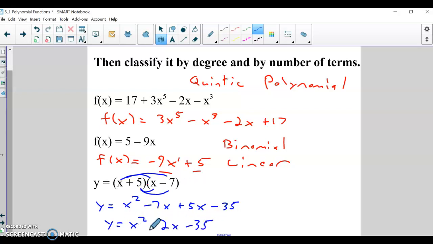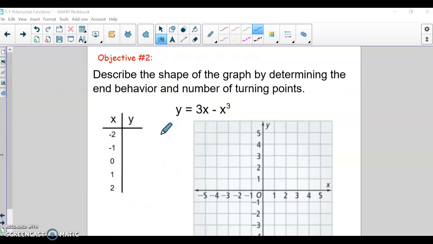Okay, and now that we've multiplied it out, now we can identify it. So now it is a quadratic, because its highest power is 2, which we studied last chapter. And it's got 3 terms, so it's a trinomial. And that word quadratic is weird because you think it'd mean 4, but it actually just means x squared.